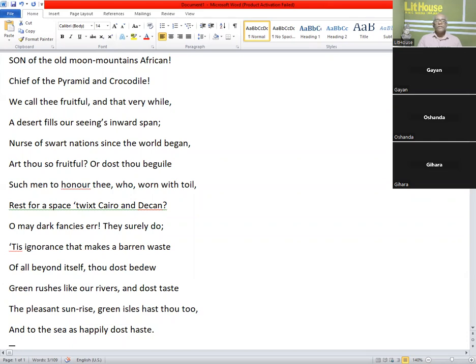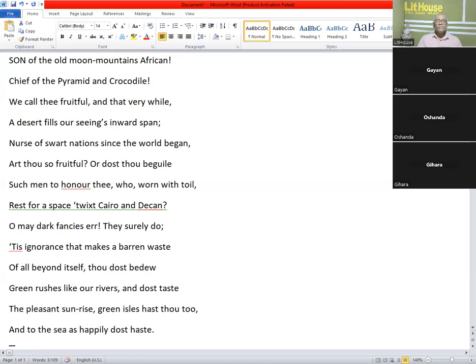Nurse of the sought nations since the world began, art thou so fruitful, or dost thou beguile such men to honor thee, who worn with toil rest for a space twixt Cairo and Deccan? Oh, may dark fancies err.